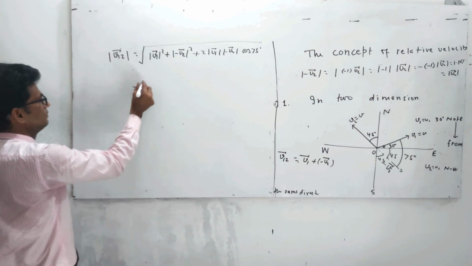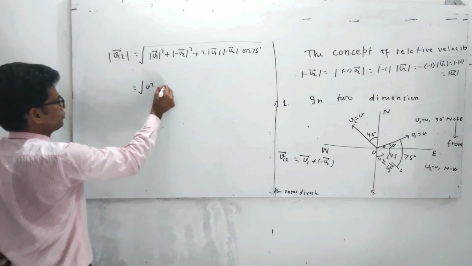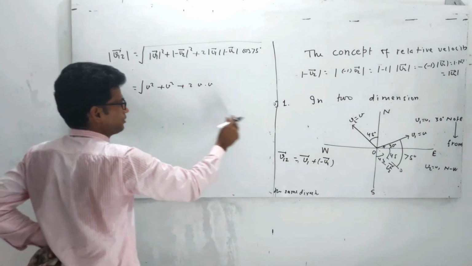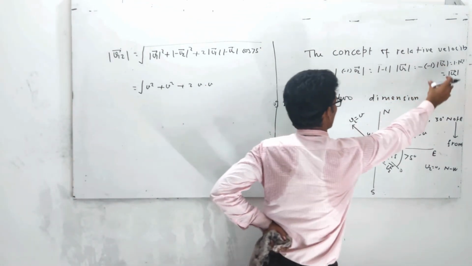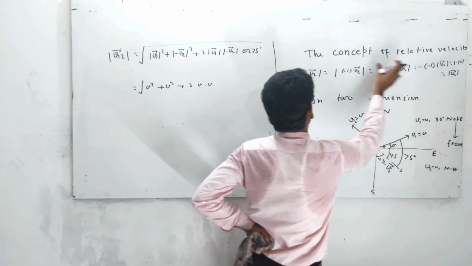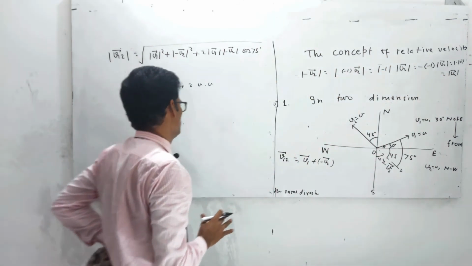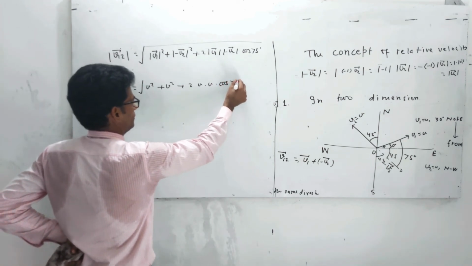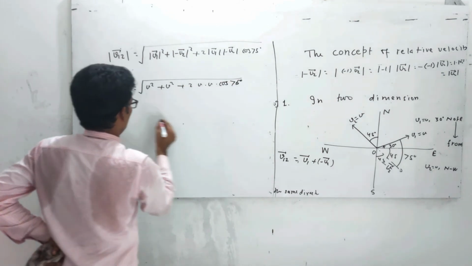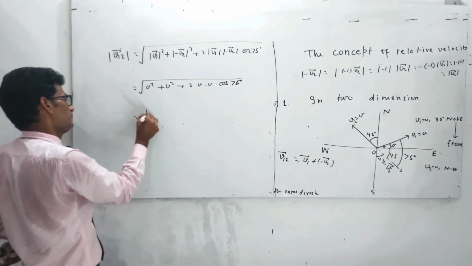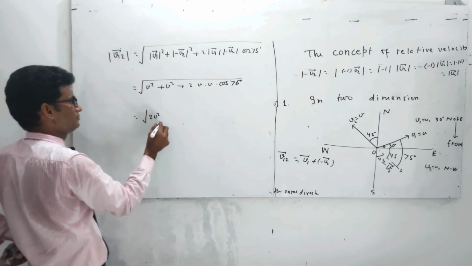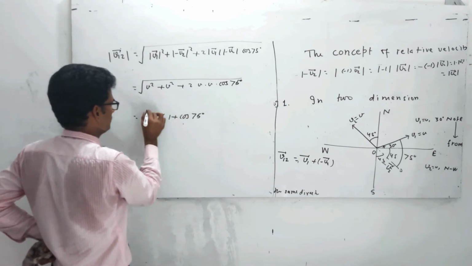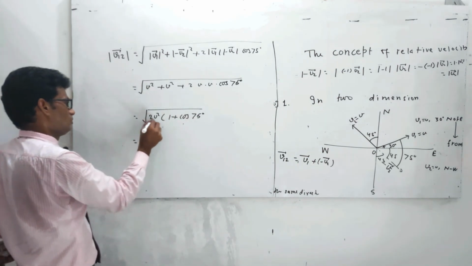This is v square plus v square plus twice v times v, because mod v2 is v and mod of velocity vector 2 is equal to mod of minus velocity vector 2, and the cos 75 degrees. So twice v square, 1 plus cos 75 degrees.